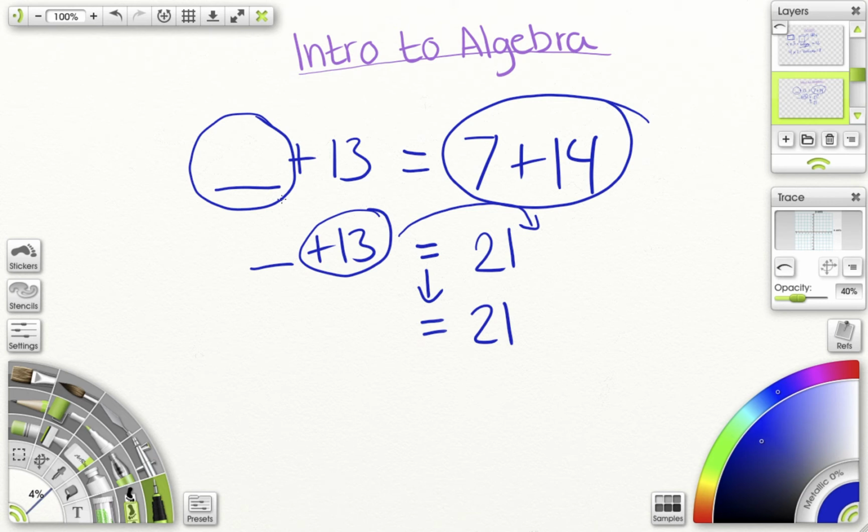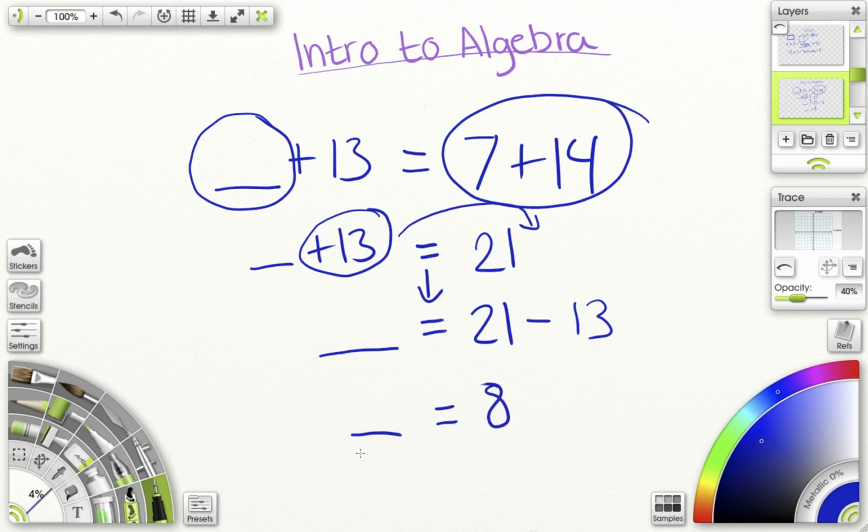You have to do the opposite operation. So instead of doing 21 plus 13, I have to do 21 minus 13. So that's where the opposite operation comes into play. Now what I have left is a blank. So 21 minus 13 equals something. This looks like a problem that's a lot easier to solve now. If I do 21 minus 13, that gives me 8.